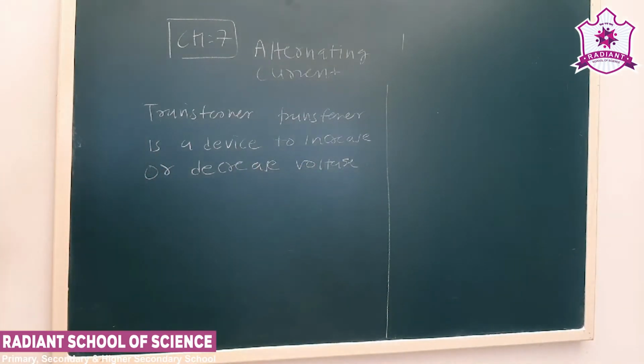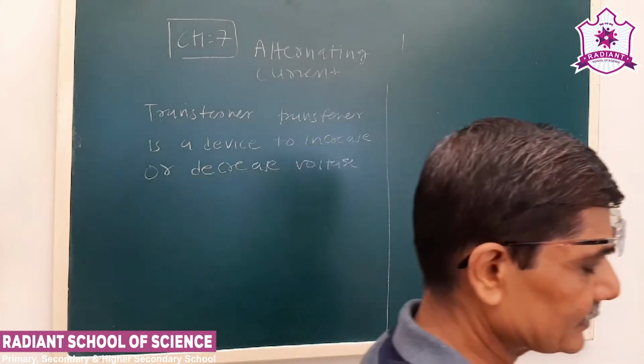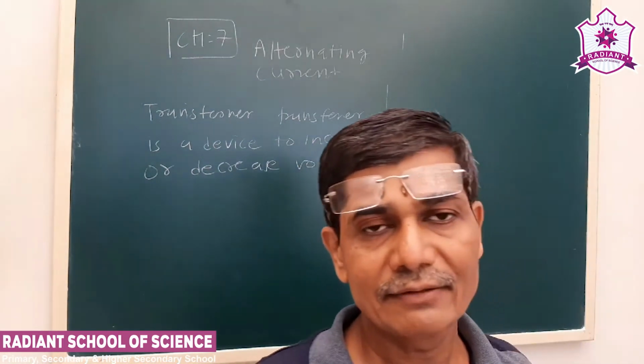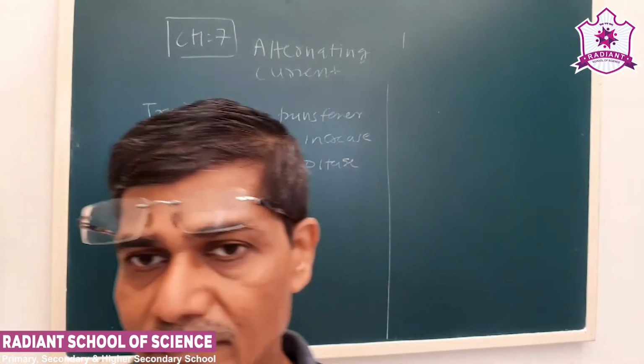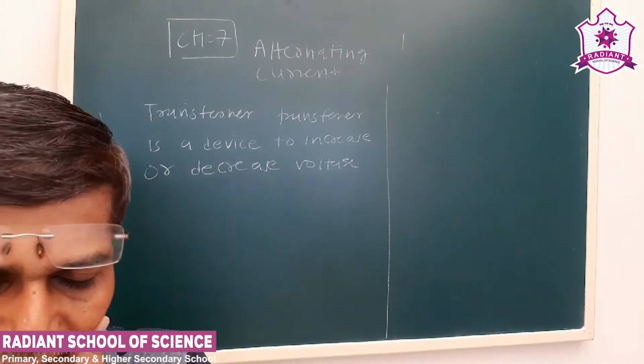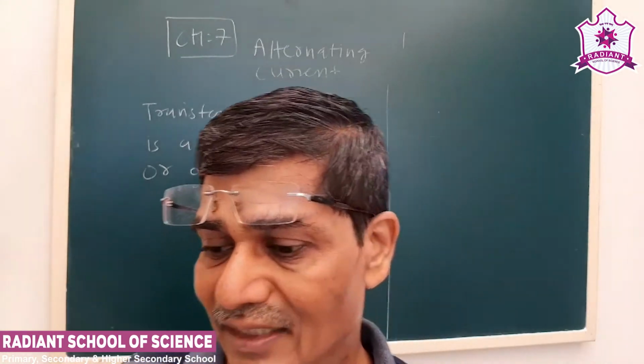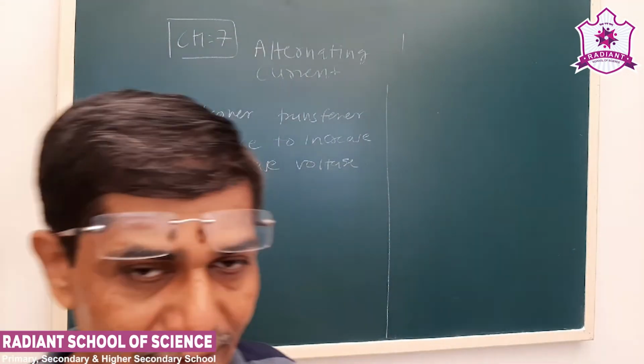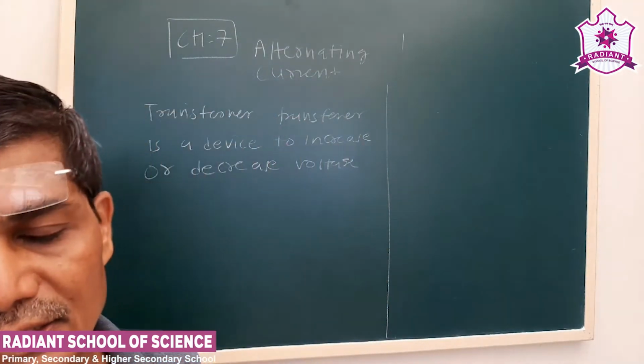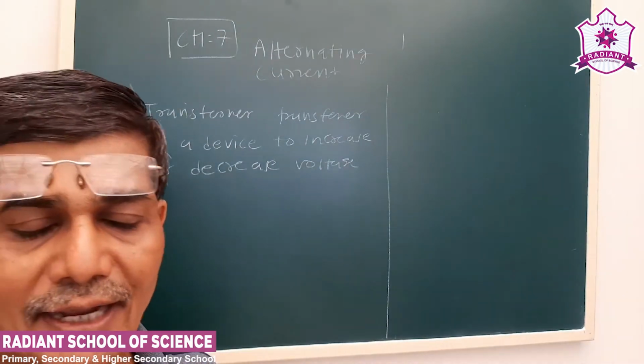All of you are familiar that electricity is transmitted at a very high voltage. We studied in lesson number 3 about the I square R losses, sometimes called transmission losses also. So in order to decrease the transmission losses, electricity is transmitted at a very high voltage.